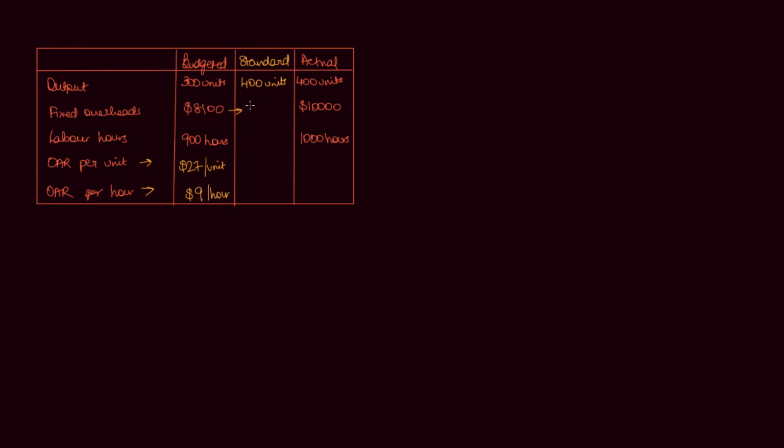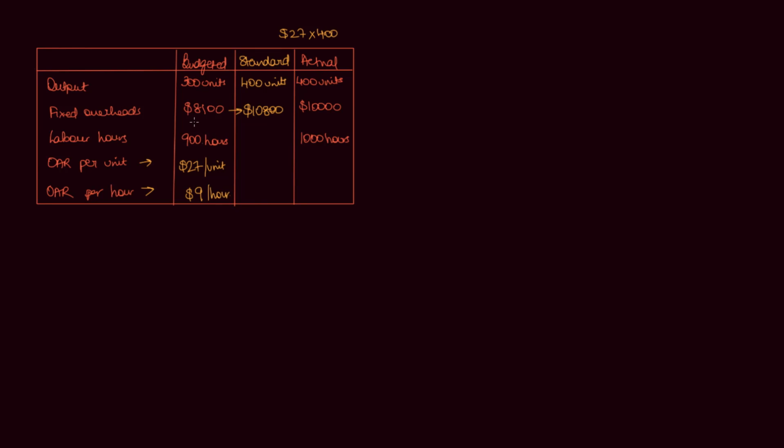Okay, now we'll calculate the standard data fixed overheads. So this is equal to the overhead absorption rate per unit multiplied by the actual production. So $27 multiplied by 400 units. So we have $10,800. You can call this as standard overheads or you can call it absorbed overheads. It means the same thing. Then labor hours taken or supposed to be taken for 400 units.